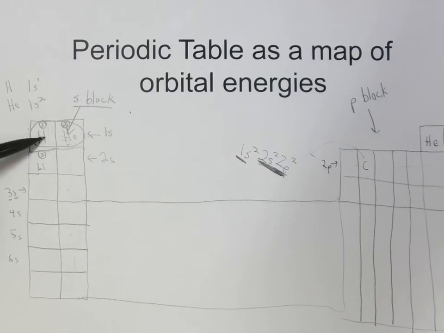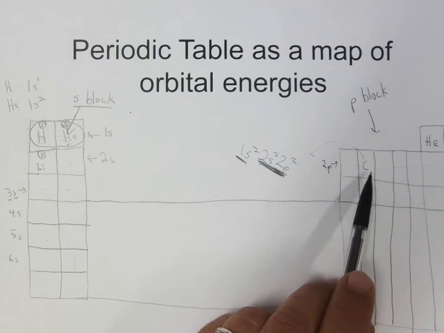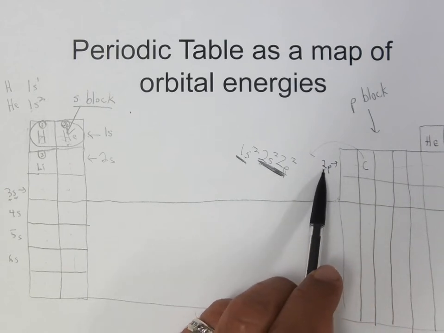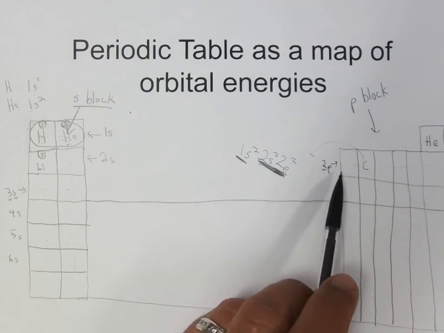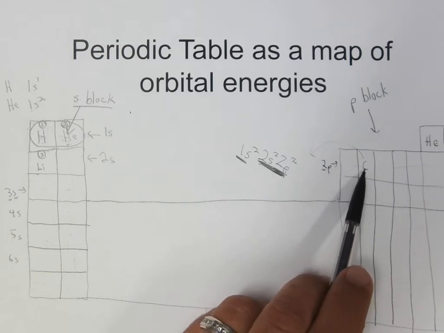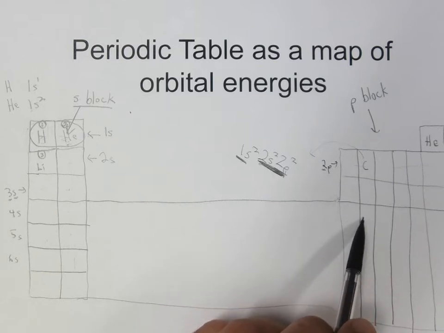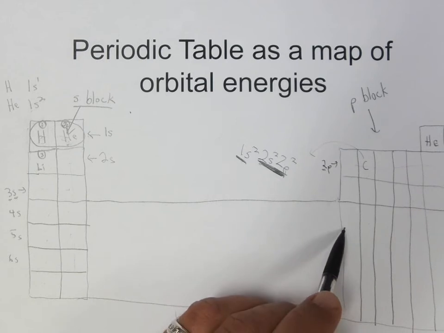So if we count down the s block, we have 1s, 2s, 3s, 4s, 5s, 6s, 7s. If we count down the p block, we have to start with the second energy level. So there's no 1p orbitals, but you have 2p, 3p, 4p, 5p, 6p, etc.